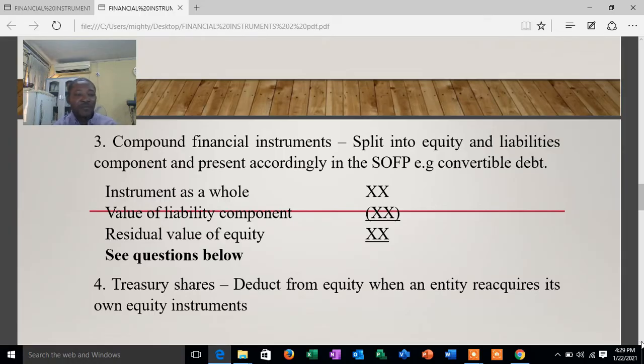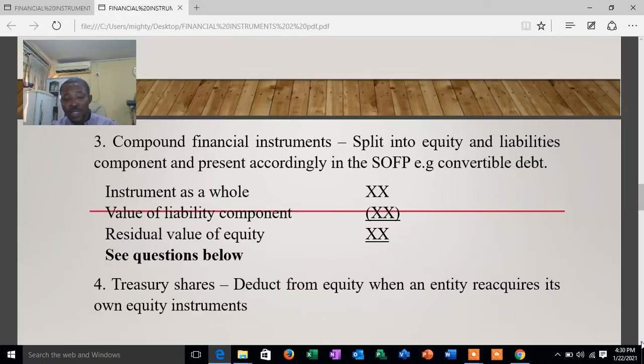Number four, a type of instrument that also requires some explanation is treasury shares. When we say treasury shares, that means you are buying back your own equity instrument. So the rule is that you deduct it from equity.